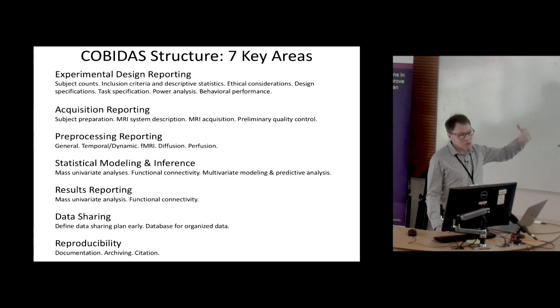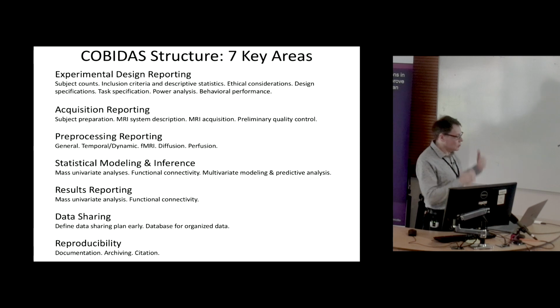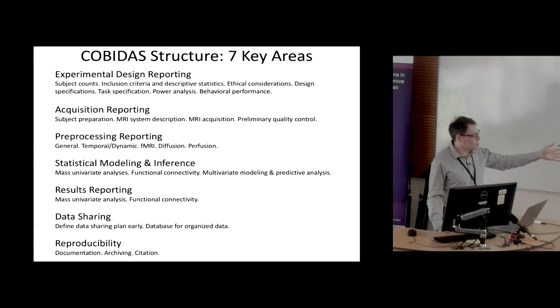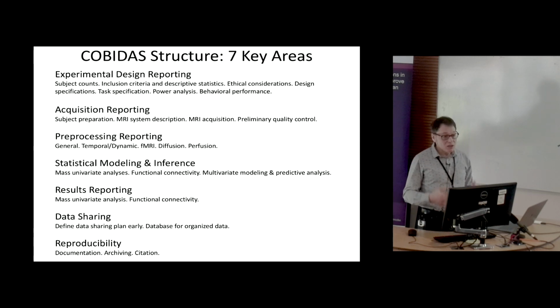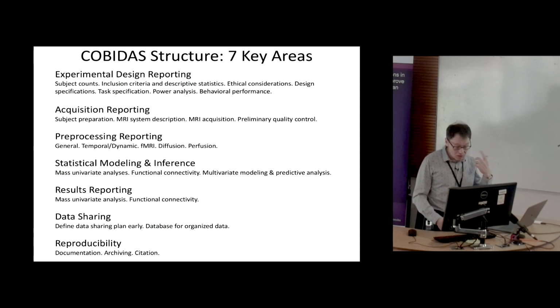Data sharing, this is early days, so we offer suggestions on how you could do that and things to maximize reproducibility. But especially these first four are basically saying, if you're going to produce a publication that someone else is able to pick up and actually conduct that experiment again, what do you want to make sure is in there?